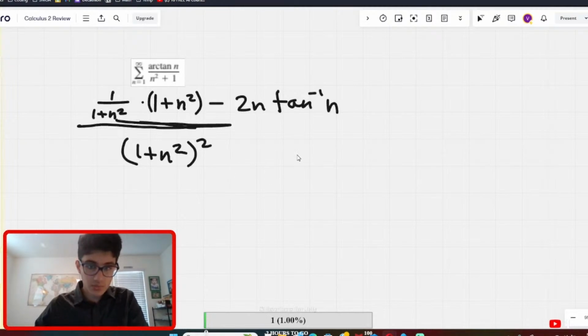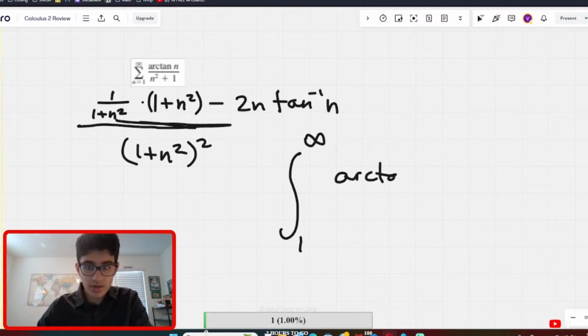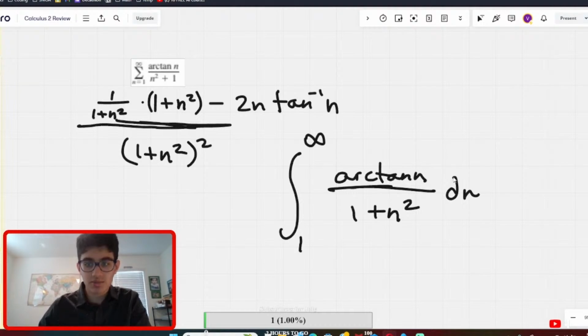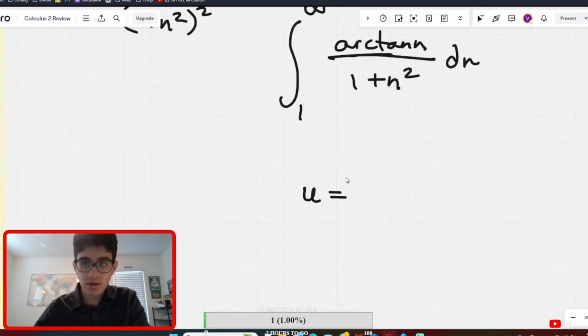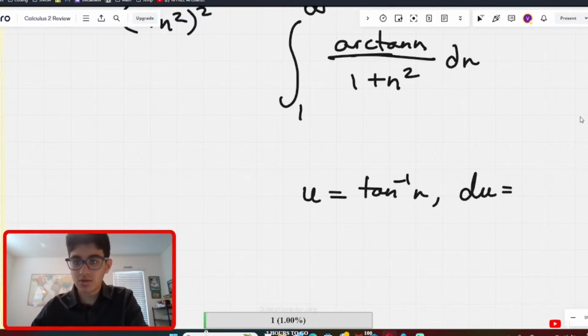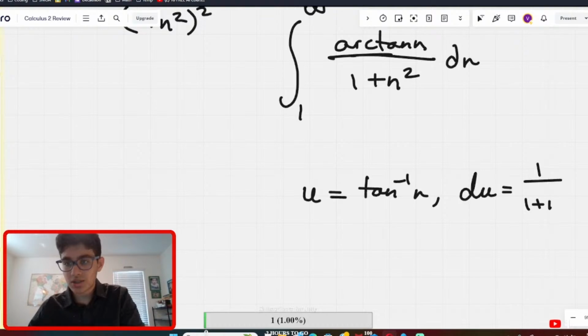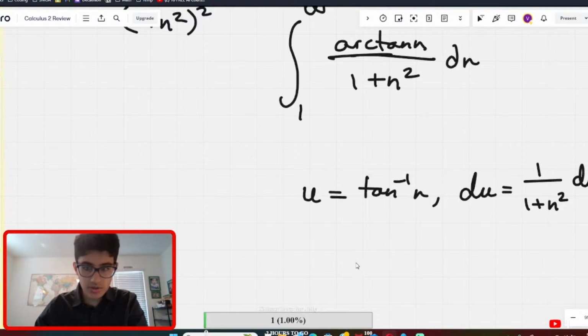Okay, so we integrate it now from 1 to infinity. So this is an improper integral, and the function is just arctan of n over 1 plus n squared. The reason I chose this is because it seems to be a nice integral. If you take u equal to tan inverse of n, du is equal to 1 over 1 plus n squared dn. So we literally just have the integral of u, so it's u squared over 2.